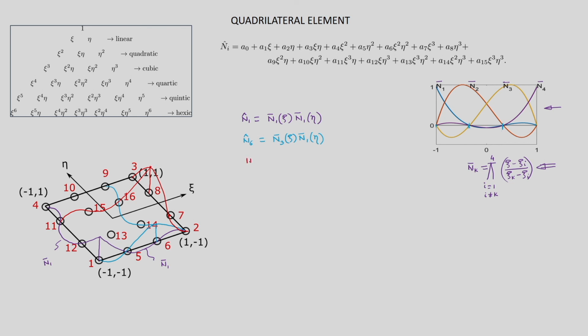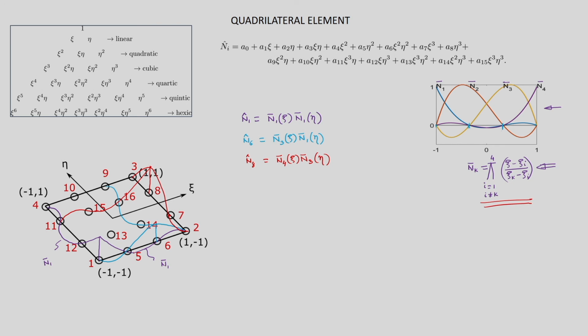So, we can write n8 is basically the product of the last one, that is n4 in xi and n3 in eta. So, likewise we can take the product of these one dimensional shape functions for p equal to 3 and we can suitably construct all these phi i's or n i's.